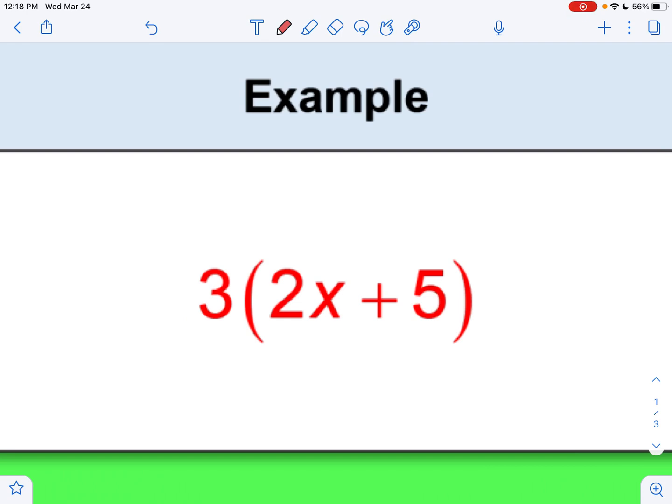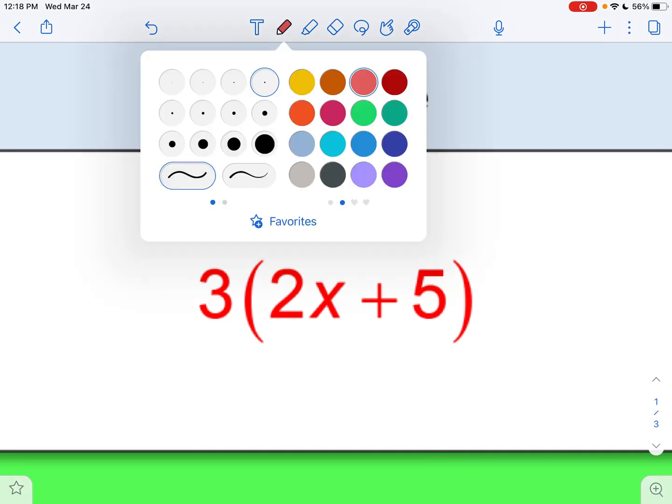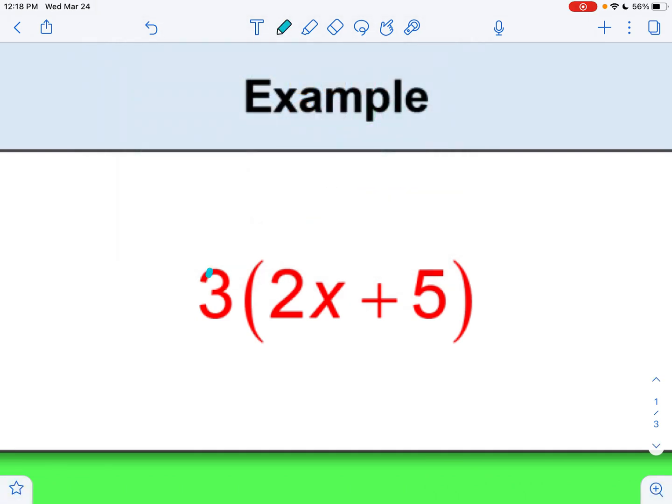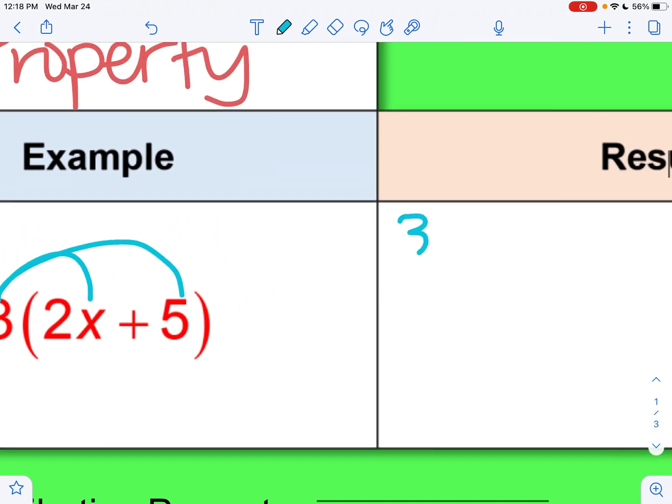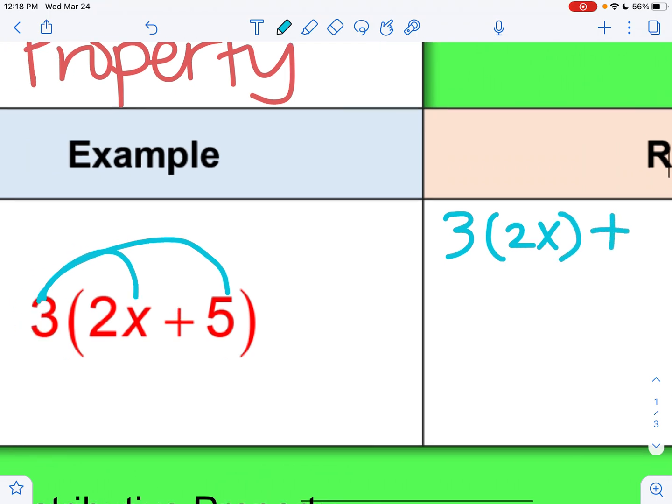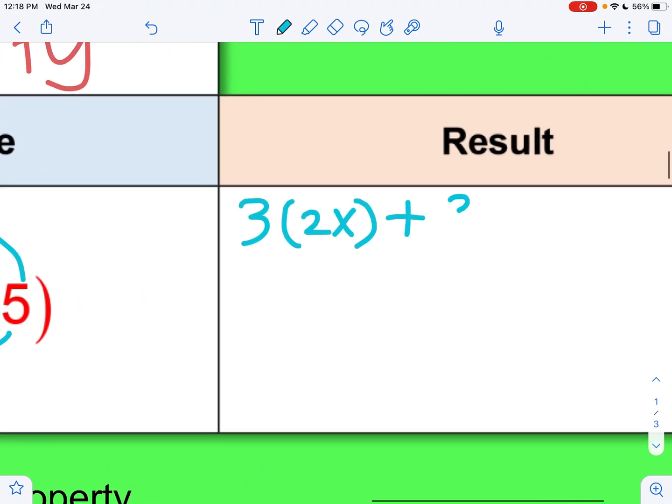We have 3 times 2x plus 5, all in parentheses. What we need to do is distribute that 3 to both the 2x and the 5. So we are taking 3 times 2x plus 3 times 5.